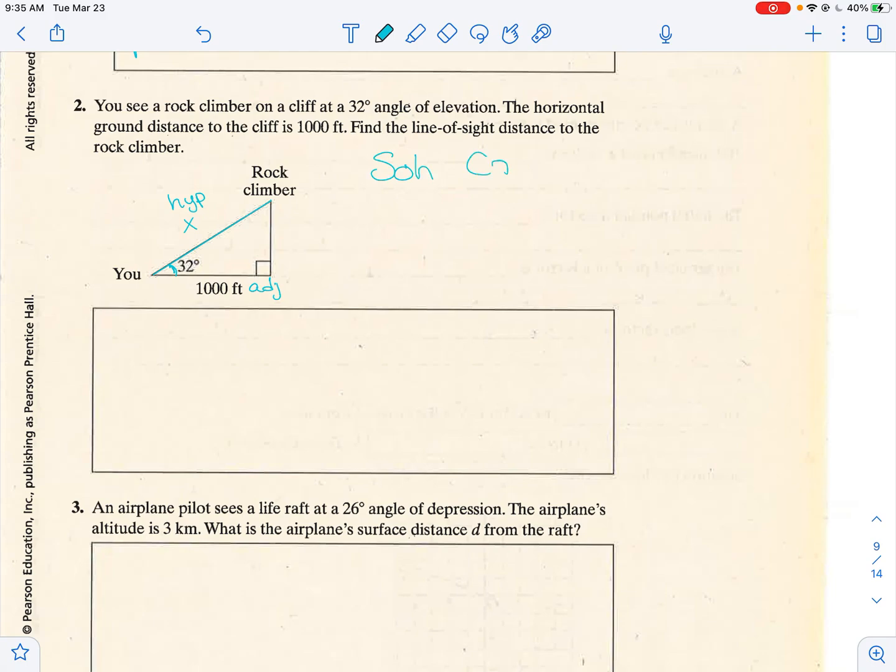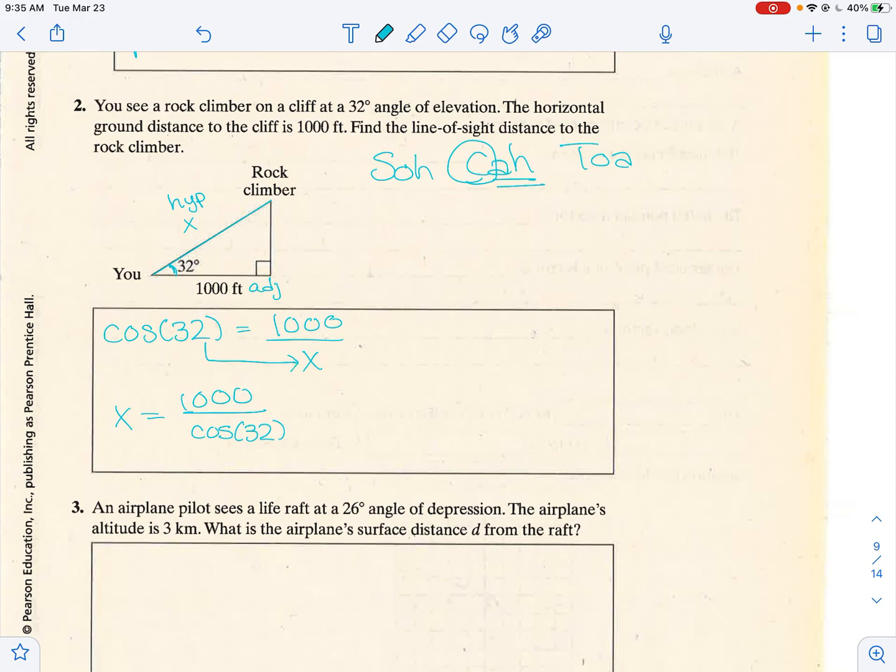So SOHCAHTOA, we have adjacent and hypotenuse, so we need the cosine. So the cosine of 32 equals adjacent, which is 1,000, over hypotenuse, which we don't know. So we need to do 1,000 divided by the cosine of 32.